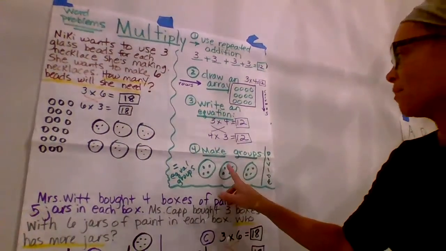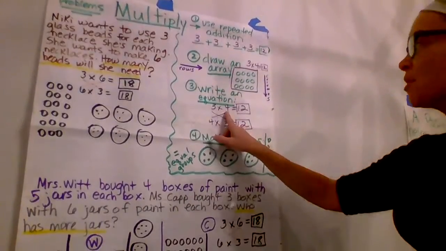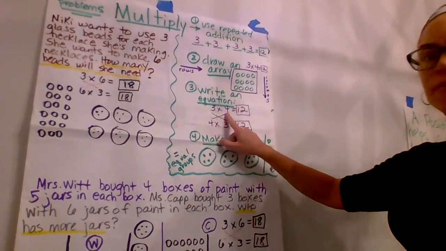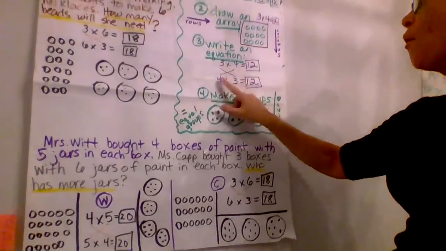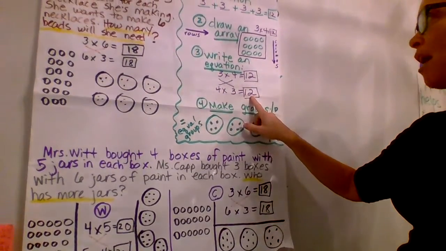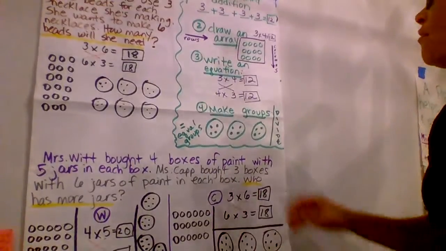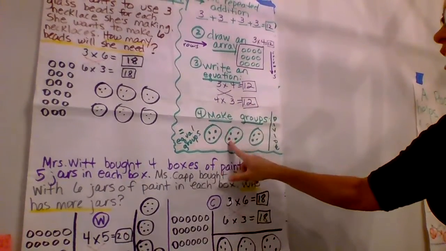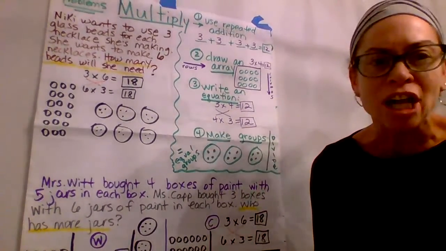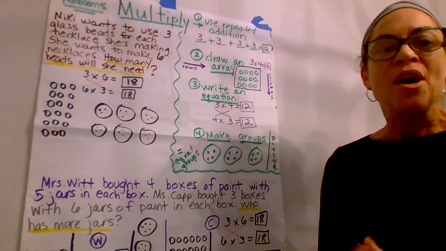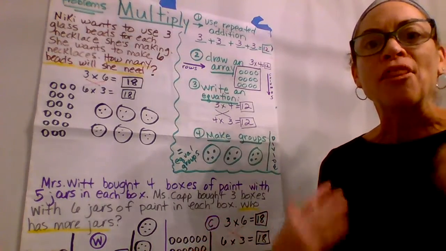Okay, let's look at this one. This one, we were doing the multiplication. 3 times 4 equals 12, or 4 times 3 equals 12. Well, we wanted to divide the 12 among 3 groups. So let's say we had 12 chocolate chip cookies, and we wanted to divide them among 3 people.